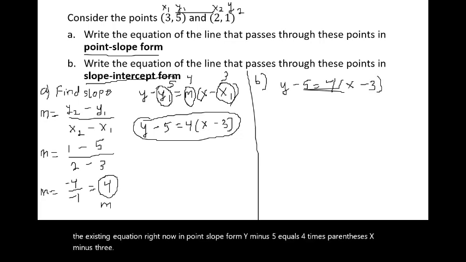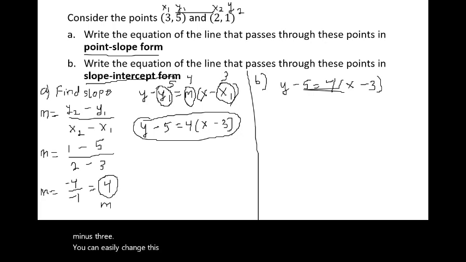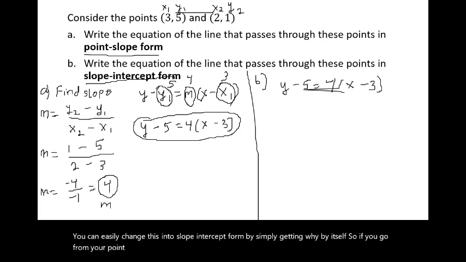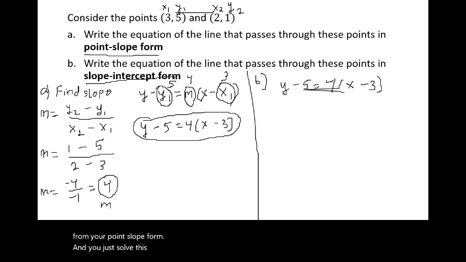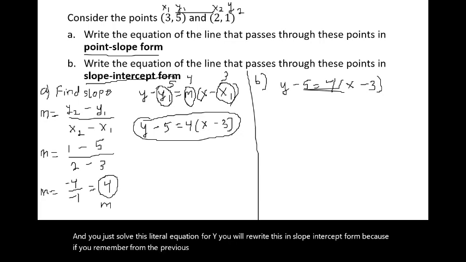You can easily change this into slope-intercept form by simply getting y by itself. So if you go from your point-slope form and you just solve this literal equation for y, you will rewrite this in slope-intercept form. Because if you remember from the previous videos, an equation is in slope-intercept form if y is by itself.